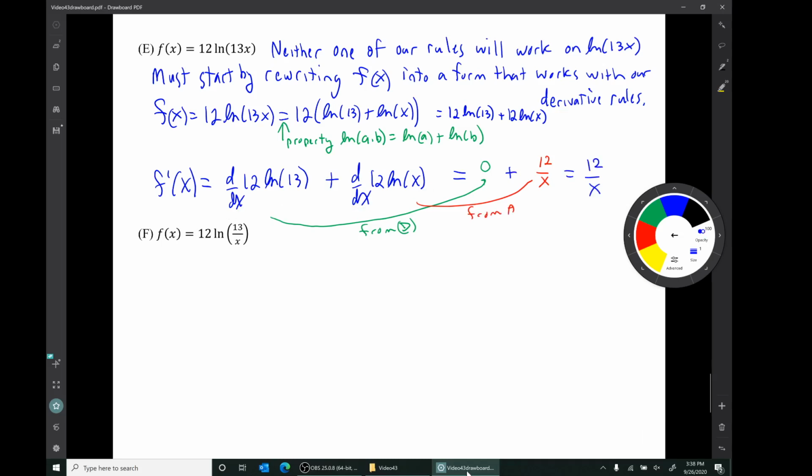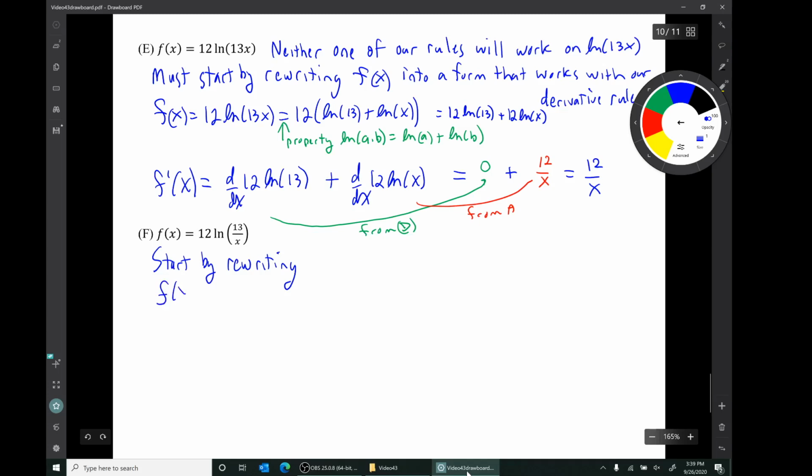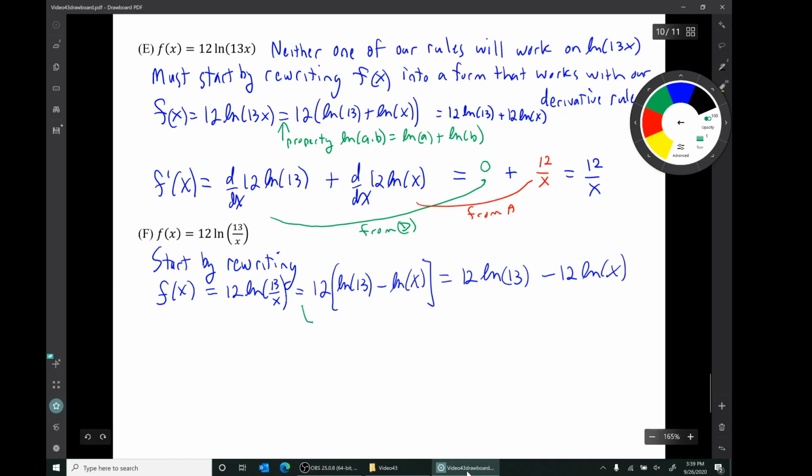Question F. Find the derivative of this function. f of x equals 12 ln of 13 over x. Well, we have to do what we did in question E. We have to start by rewriting f of x. So we rewrote our function using one of our earlier properties of logarithms.